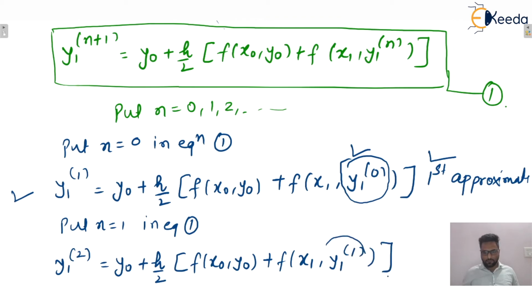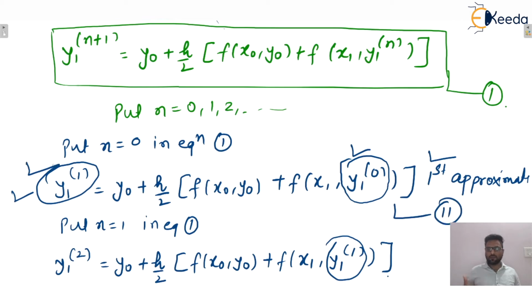This value y1 superscript 1 will be obtained from this particular equation. Let's say that is equation 2. So equation 2 is evaluating y1 superscript 1, and that value can be substituted over here. Similarly we can put n equals 2, n equals 3, and so on.